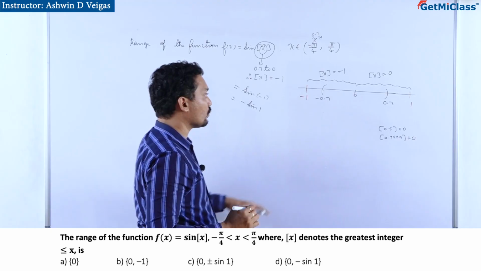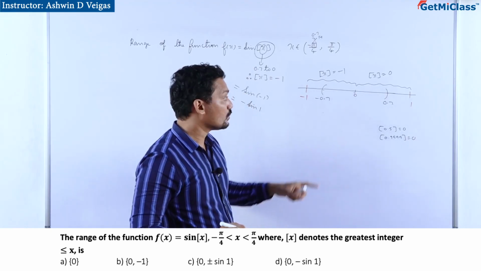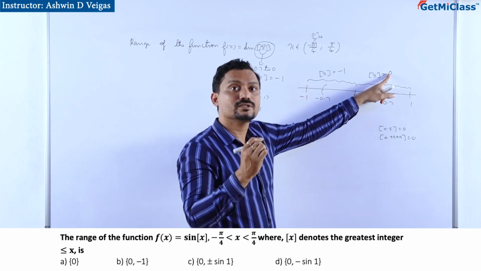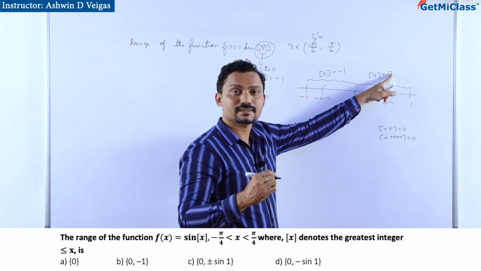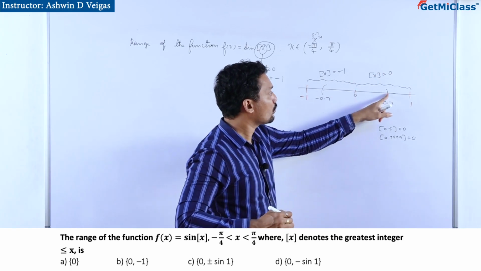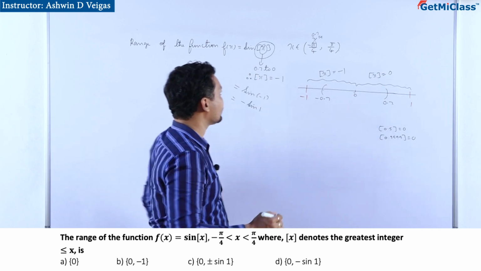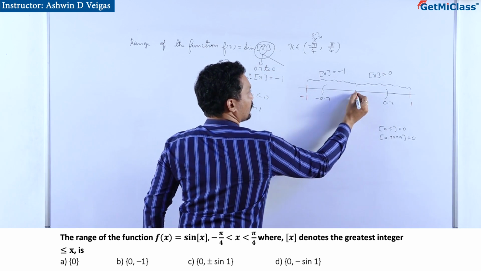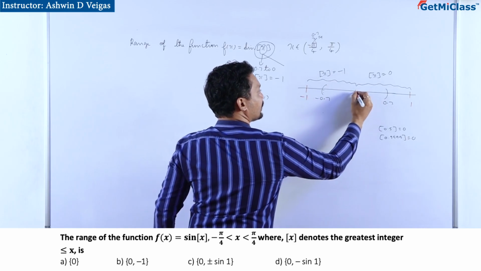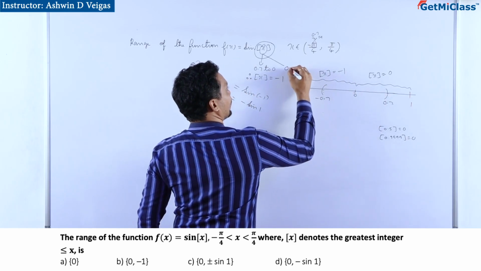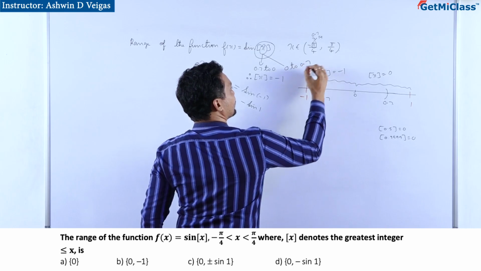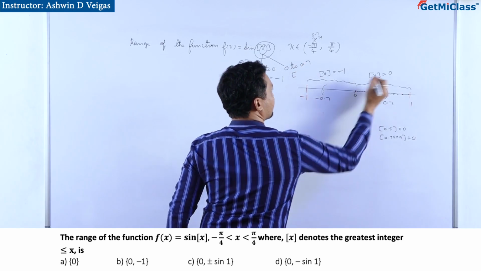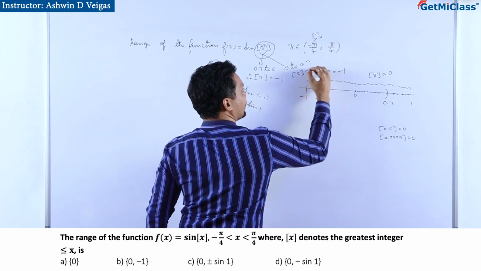Now, when you go from 0 to 0.7, we know from 0 to 1, every number has greatest integer value 0. That means 0 to 0.7 also everybody has 0. Now, when x lies between minus 0.7 to 0, it is minus 1. When x lies between 0 to 0.7, all these values have greatest integer of x value 0.